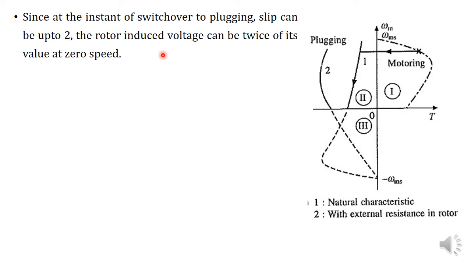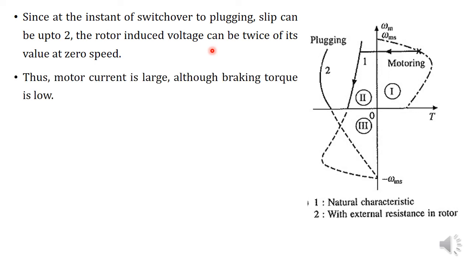Since the slip can go up to 2, the rotor induced voltage can be twice that at 0 speed. So the motor current also becomes very large, although the braking torque is low. This is not a desirable thing when the machine is undergoing braking. The braking current becomes very large, which means the machine may get damaged due to overheating.